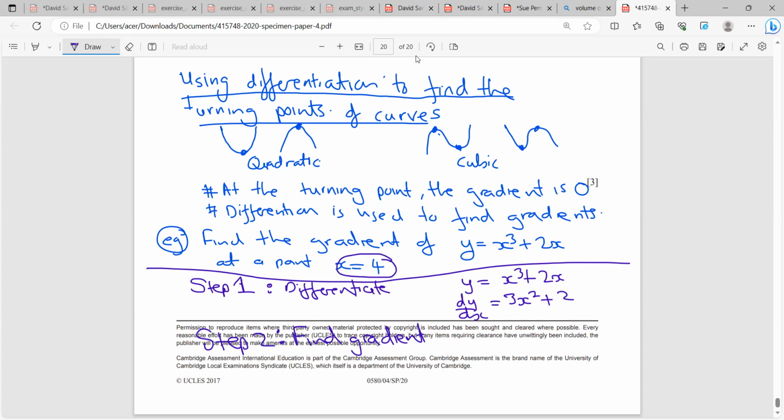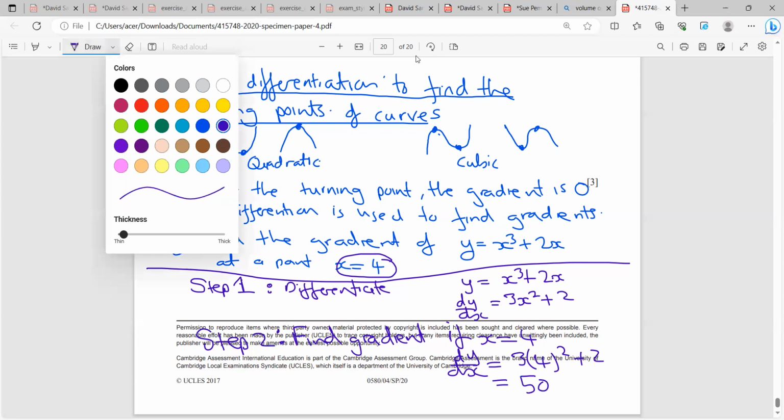So if x is equal to 4, then our dy dx is going to be 3 times 4 squared plus 2. And then you can use your calculators for that. What are we going to get? 50, sir. Okay, excellent work.